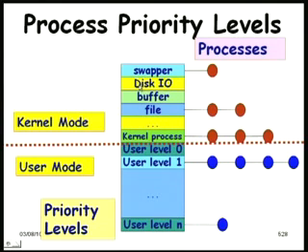We will later understand why this kind of priority arrangement is necessary among the operating system processes. And there are various tasks queued at various priority levels. So, this is a basic picture, we will remember it, and then we will elaborate on this as we proceed with our discussion.